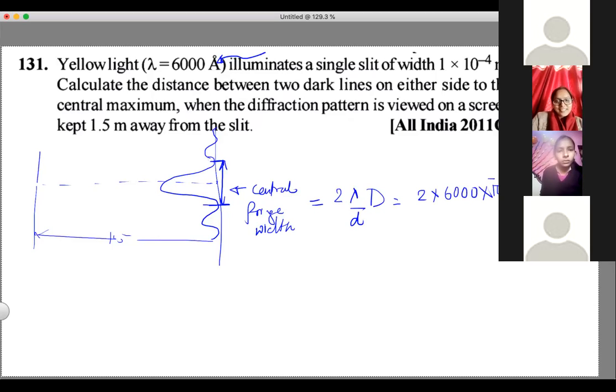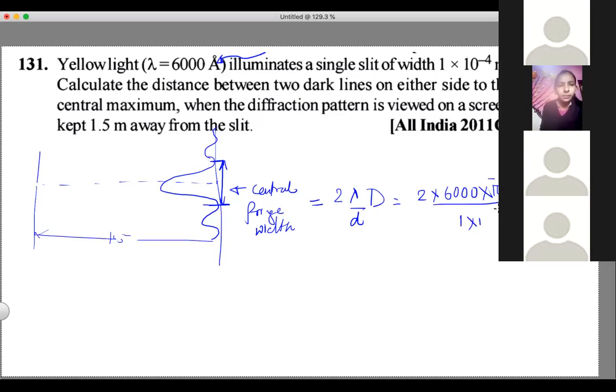D is 1.5 and this is 1 into 10 raised to power minus 4. So this is 3 into 18 and 7, 18 millimeter.